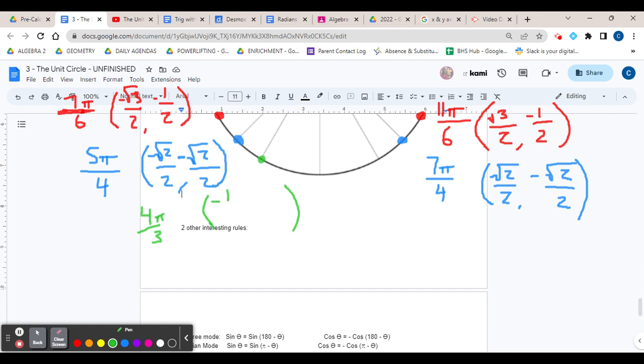So we're going to be at negative 1/2. The y value now also becomes negative root 3 over 2. That's going to be that little green point right there. Coming across here, the angle is 5 pi over 3, and our point is going to be at positive 1/2, negative root 3 over 2.